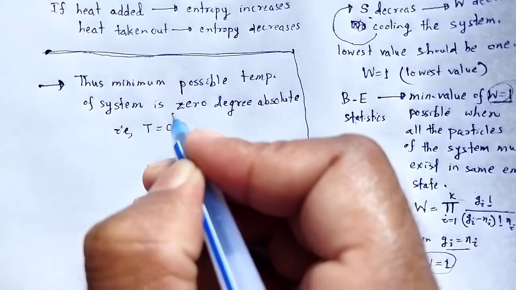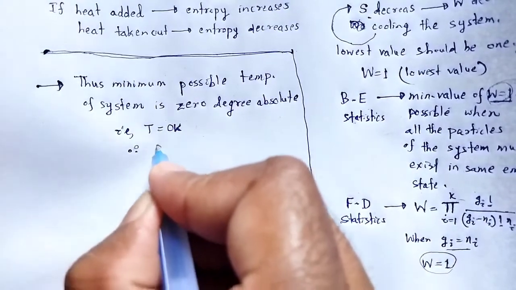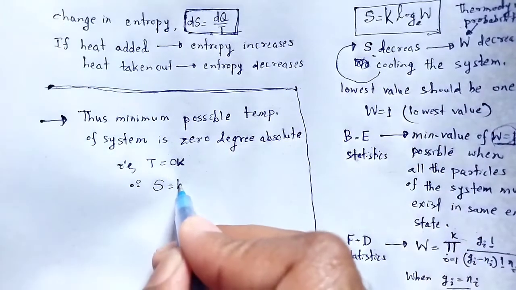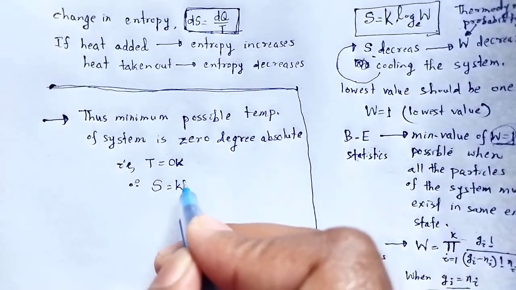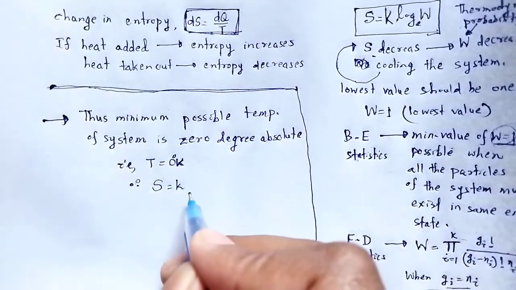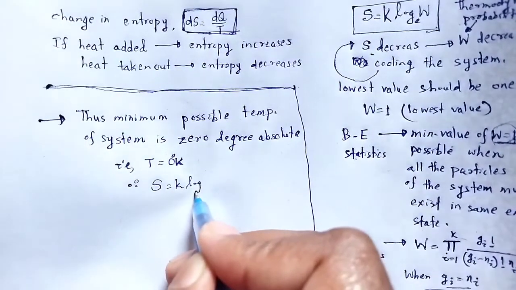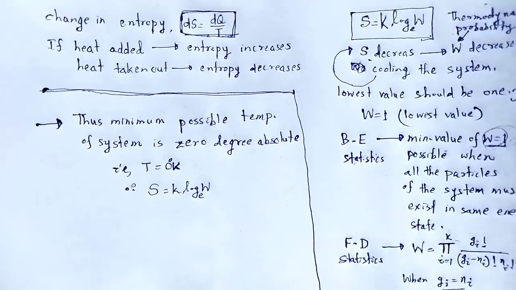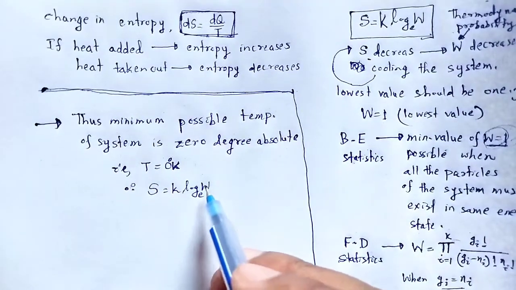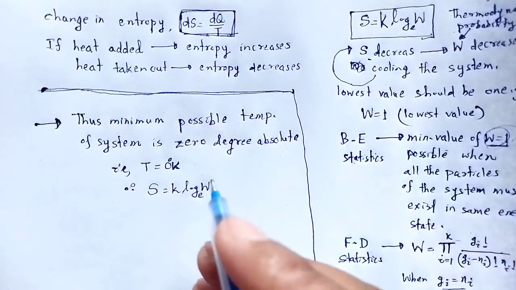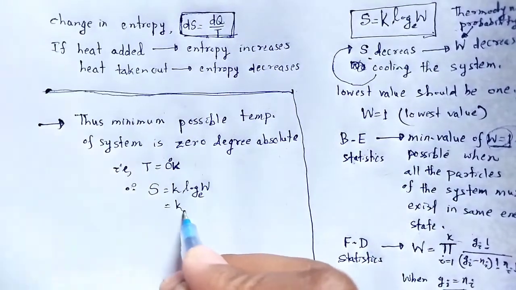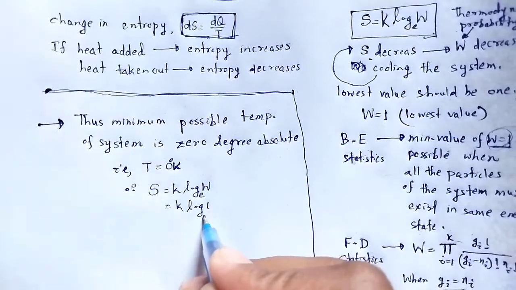What happens in that case? Therefore, the expression of S, that is K times, at 0 degree Kelvin, K log W base e. In that case, W will be minimum, meaning 1, the lowest value of W. So that is K log 1 base e.